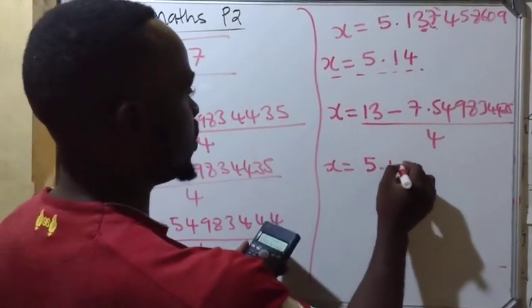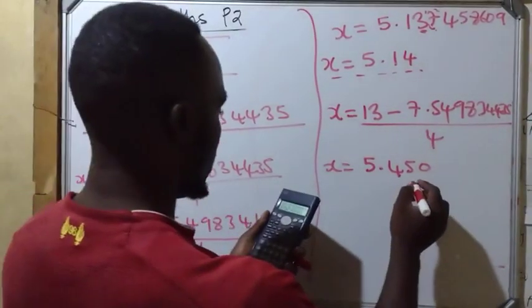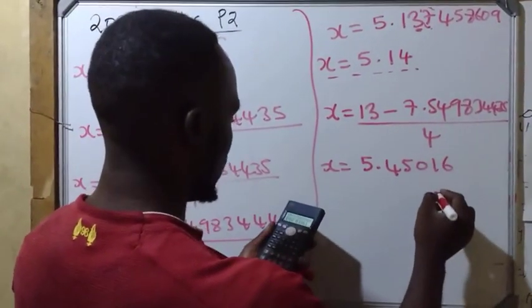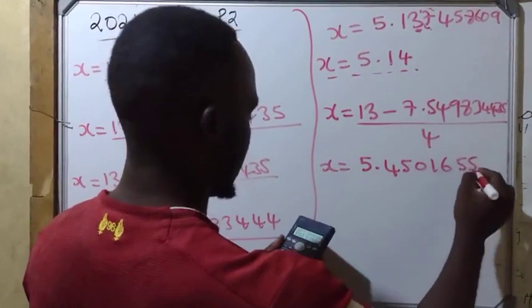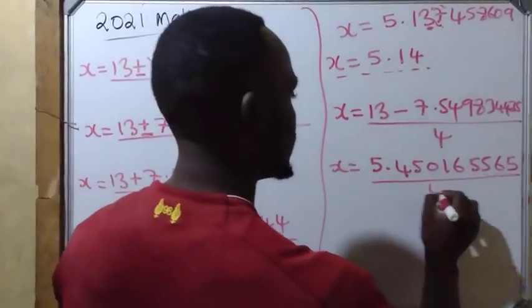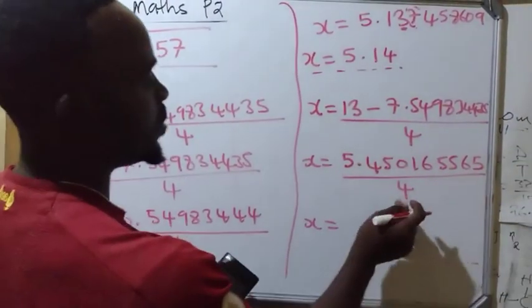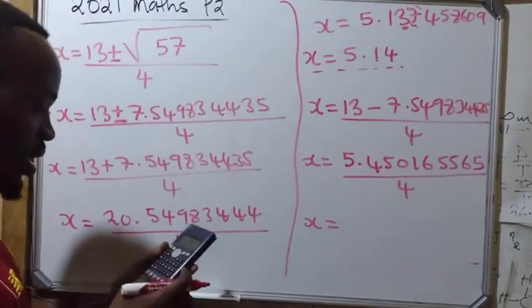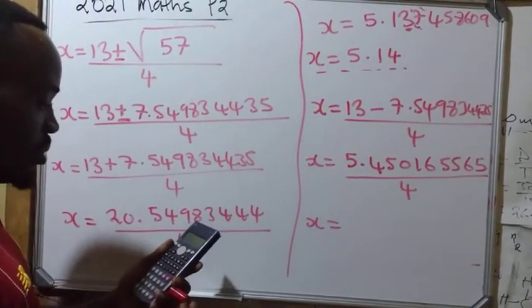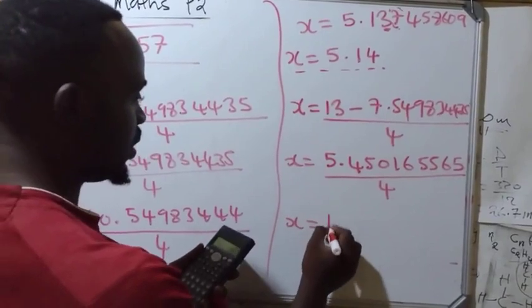I hope you're following me. Over that value. So now this is the value divided by the denominator 4. You're going to get something like this.